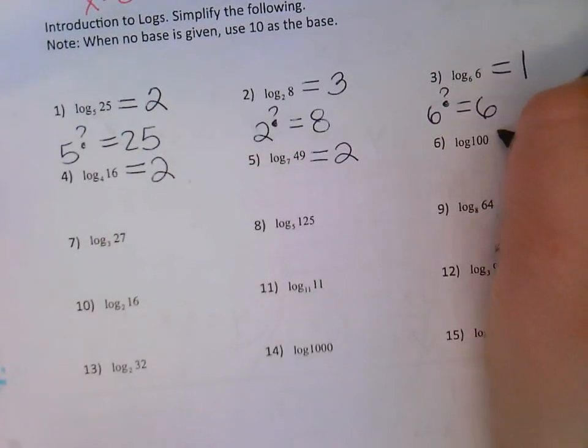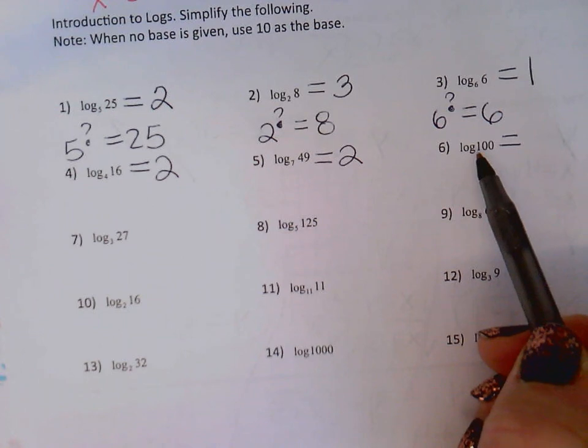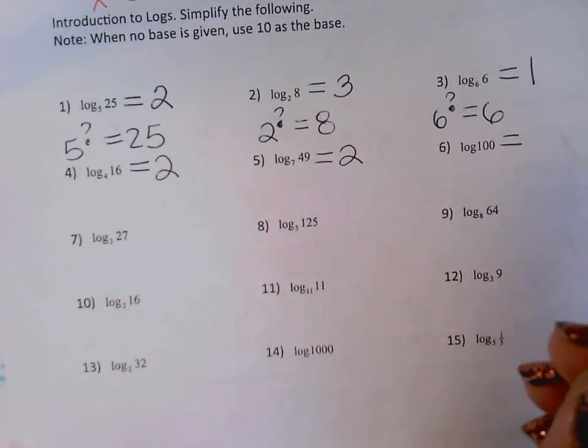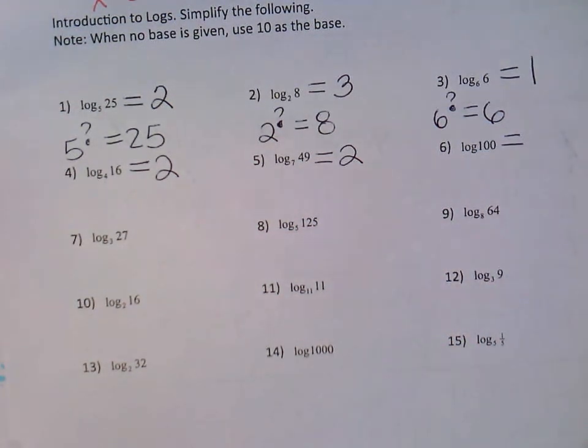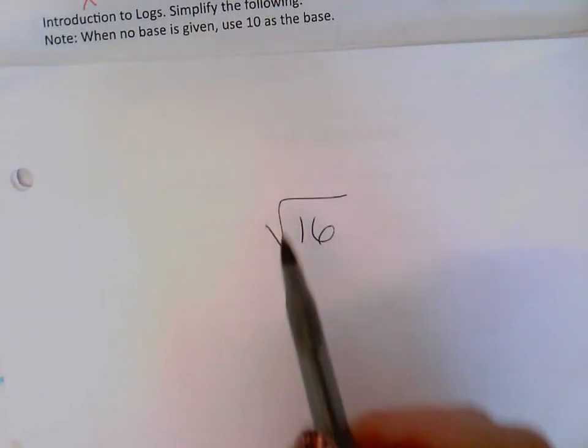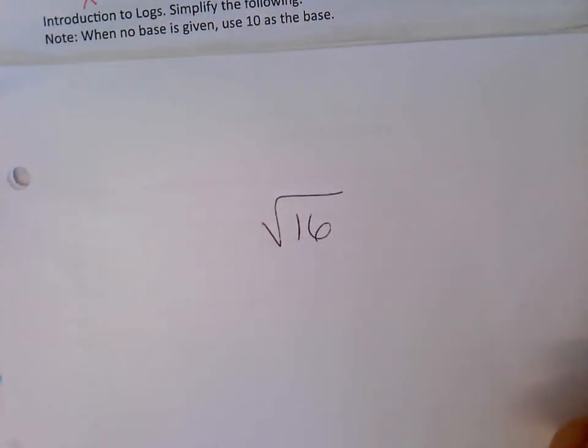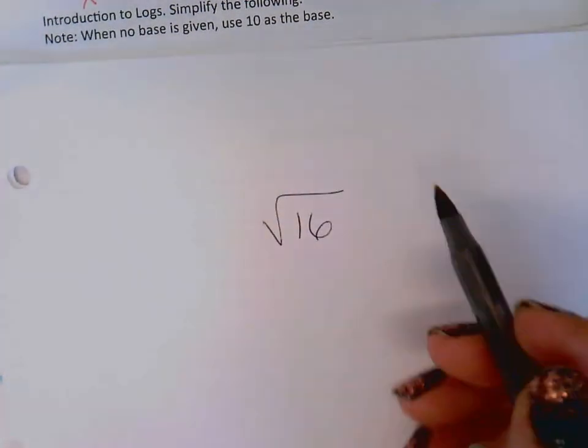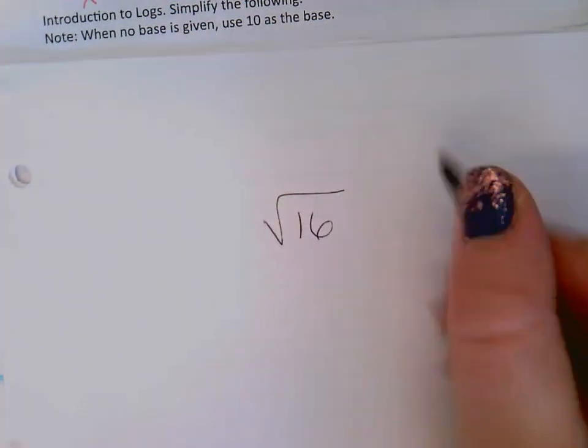What about this one? There's no base written there. When you are evaluating another type of function, if I was asking you the square root of 16, what number is really there? The 2, right?